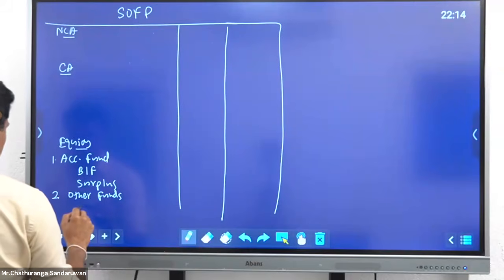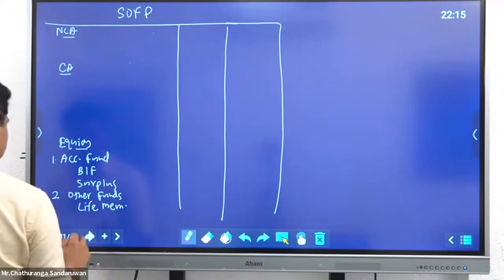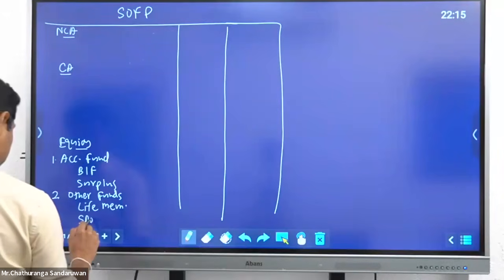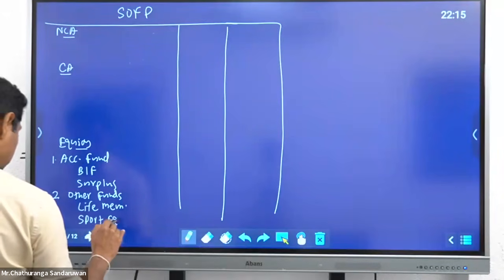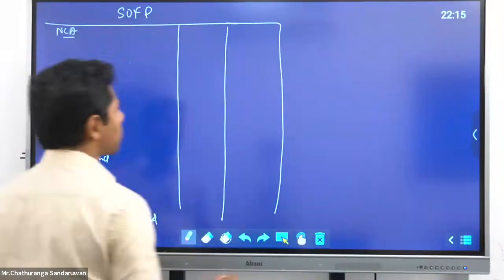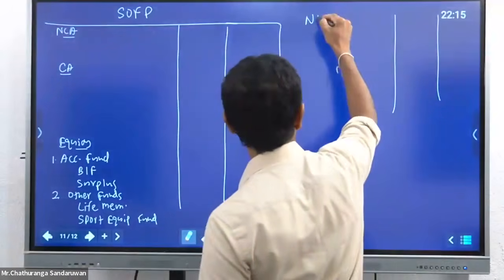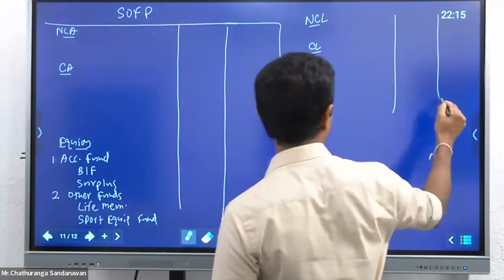Under that we have life membership fee fund and sport equipment fund. And then I don't see non-current liabilities and current liabilities.